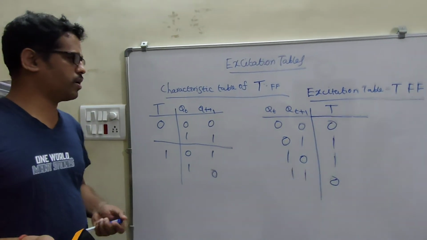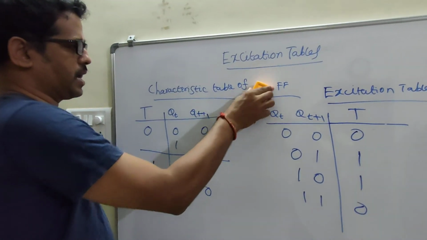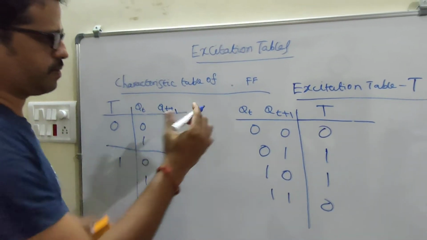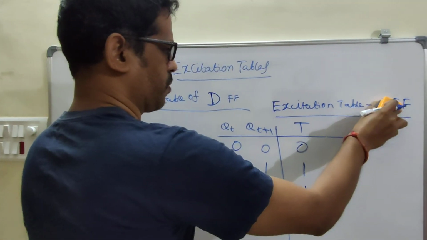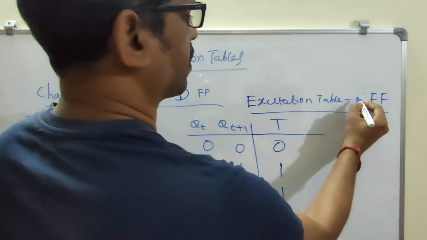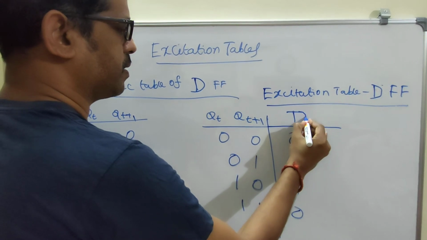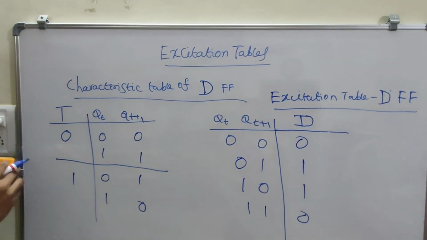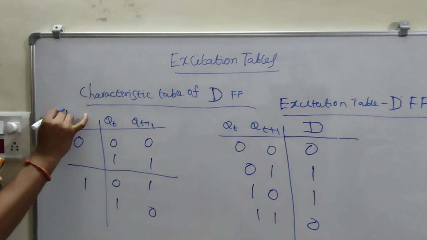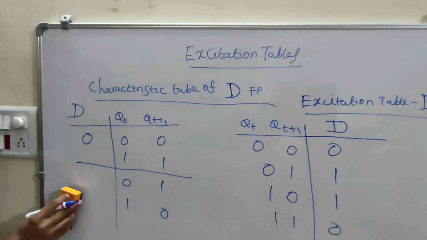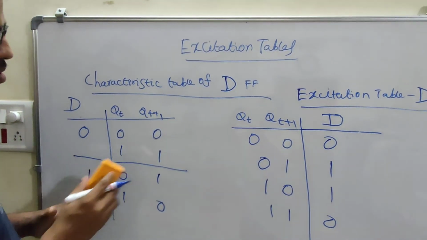Then now we are going to find the excitation table of the D flip-flop. First, we will design the characteristic table. I think we know that the D flip-flop is otherwise known as the data flip-flop. If D is 0, what is that?